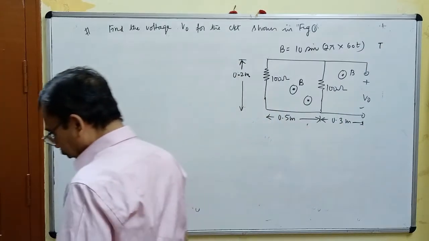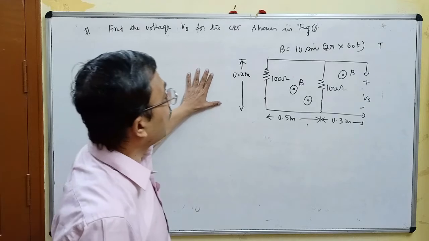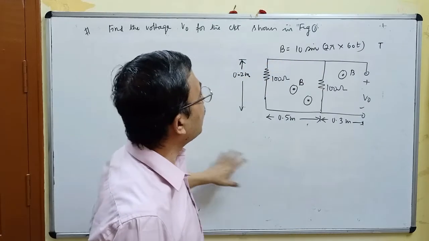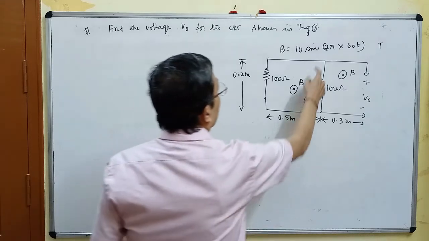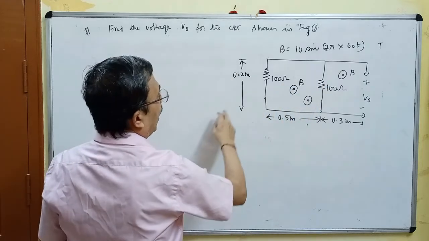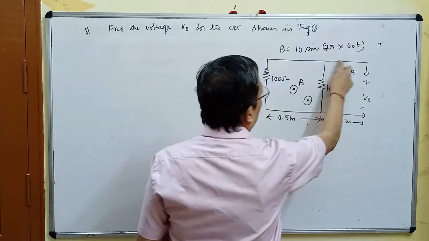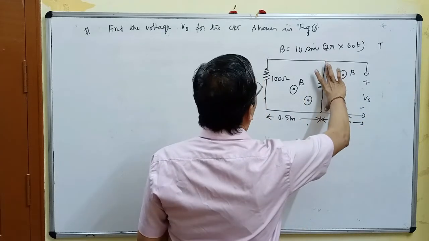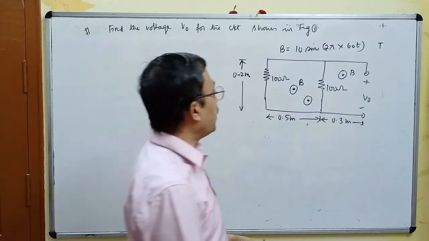This is the expression for the magnitude of vector B, the magnetic flux density. There are two loops now. This is a rectangular loop called the left loop, having the dimension 0.2 meters by 0.5 meters. There is one more rectangular loop on the right side called the right loop, whose dimension is 0.2 meters by 0.3 meters. We have to find the voltage V0.